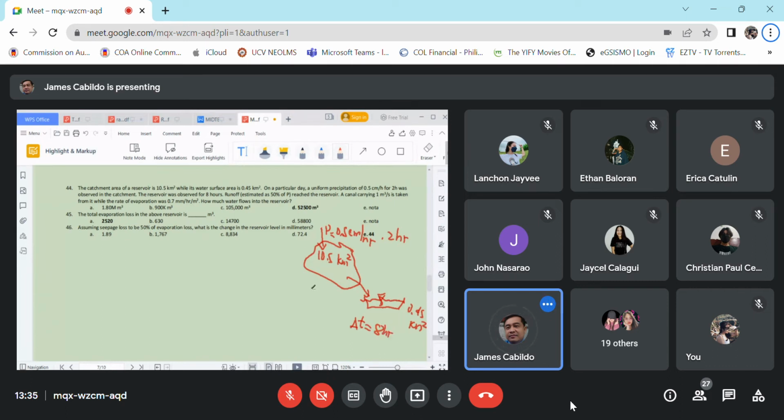Okay? And then runoff, meron siyang runoff. May lumabas. Runoff, which is 50% of P. Ay, hindi. Reach the reservoir, sabi niya. Okay, I'm sorry, baliktad. Runoff estimated as 50% will reach the reservoir.